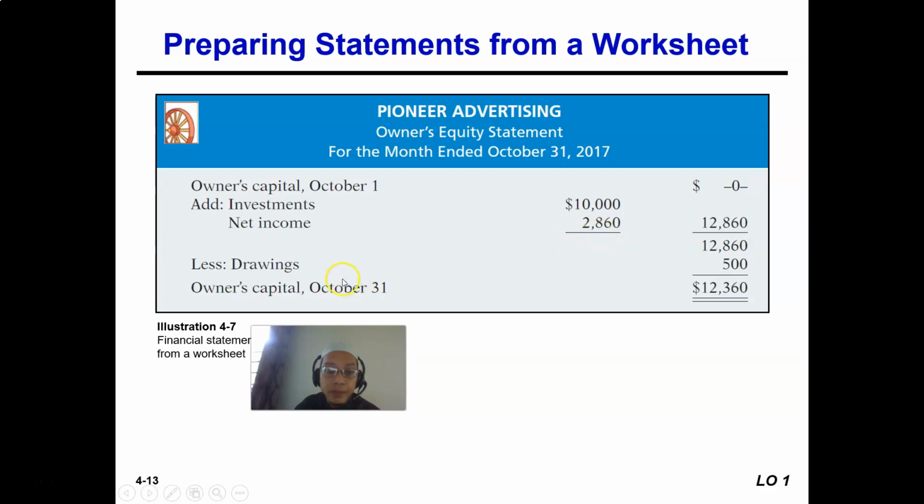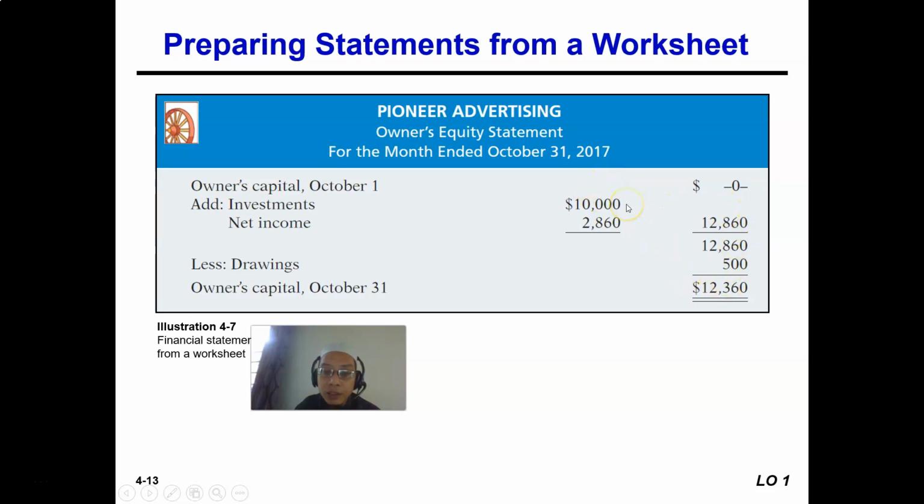So next we list the drawings. Investments relate to the credit side of the balance sheet. Net income is also related to the credit side of the balance sheet, but drawing is related to the debit side.